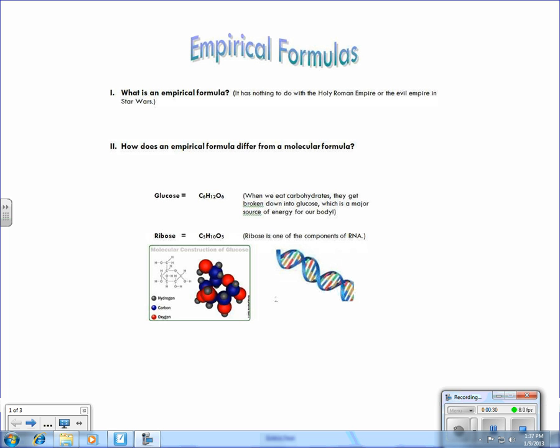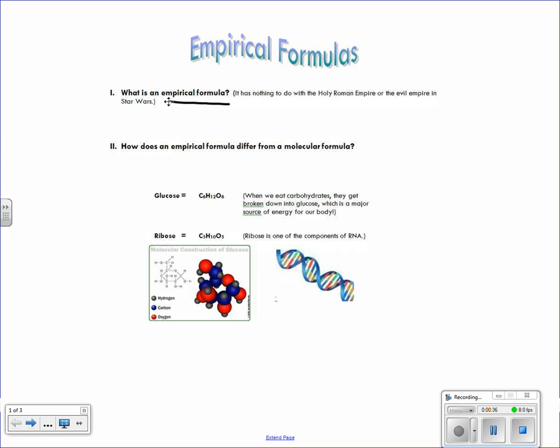So starting from the very top, an empirical formula. Empirical formulas, what are they? I say it has nothing to do with the Roman Empire or the Empire in Star Wars. Unfortunately, that would be awesome. But an empirical formula represents the lowest ratio of atoms in a compound.